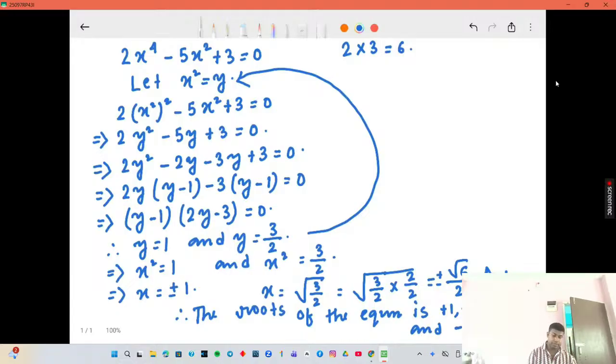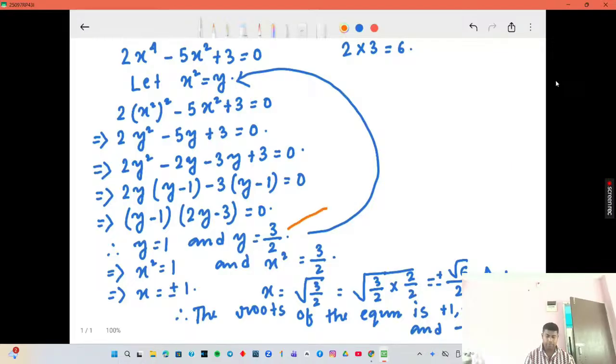Here the question is given as 2x to the power 4 minus 5x squared plus 3 is equal to 0. So we have taken the value of x squared is equal to y. Now putting the value of y, we get this equation, and after solving it we get the value of y.